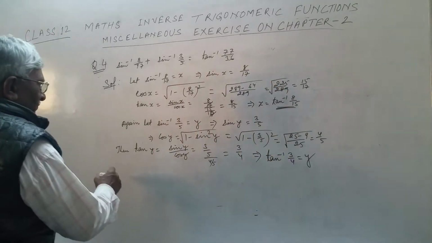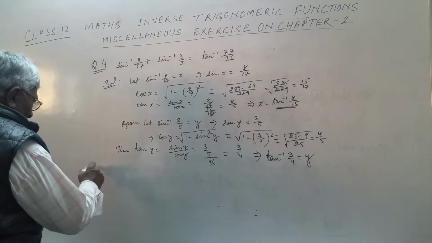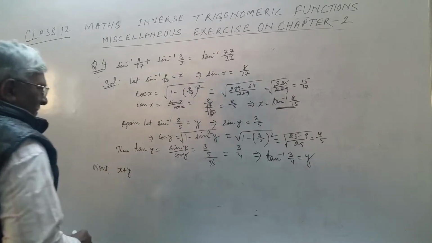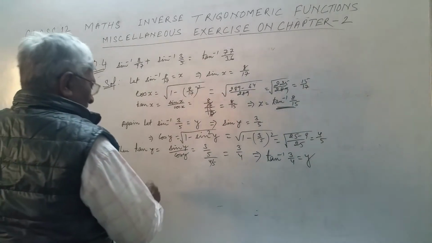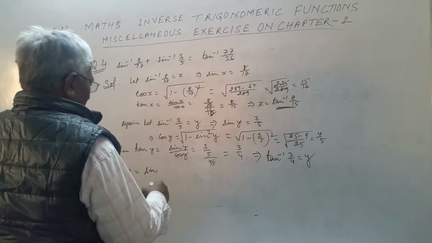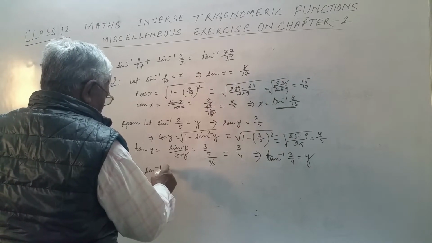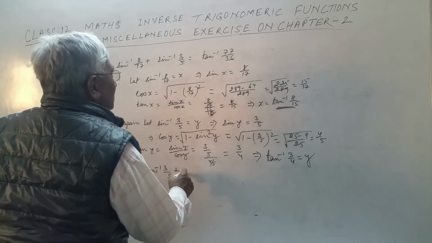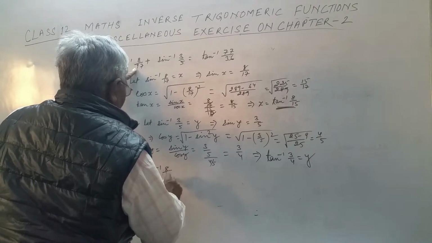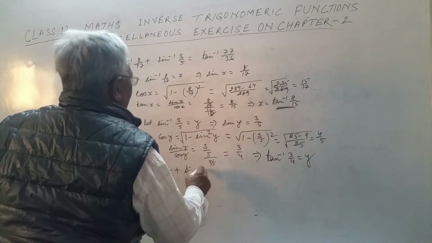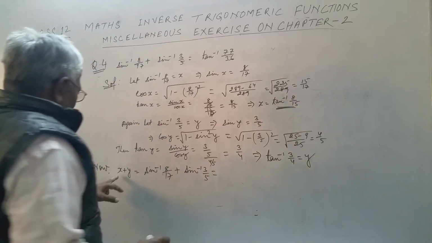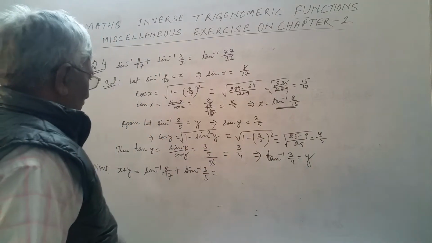That means x plus y is equal to sine inverse 3 upon 5 plus sine inverse 8 upon 17, or 8 upon 17 plus sine inverse 3 upon 5, and y you have got this way also, in other way also.